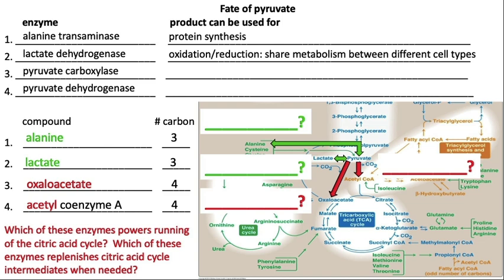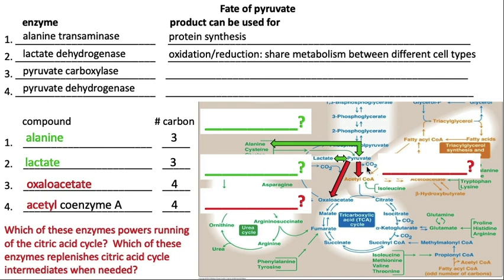For example, your red blood cells are exclusively anaerobic and make a lot of lactate, which they release into the blood. Then the lactate can be filtered out by the liver, converted back into pyruvate, and sent into gluconeogenesis so that the red blood cell can share its anaerobic metabolism with the aerobic metabolism of the liver.